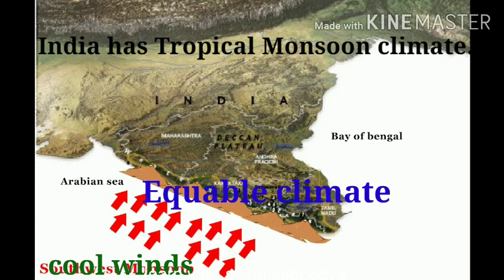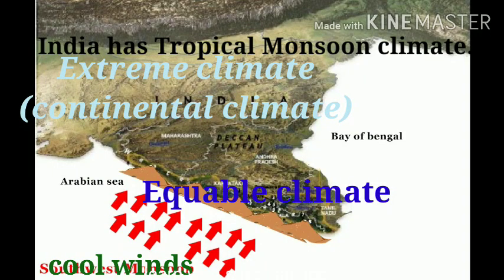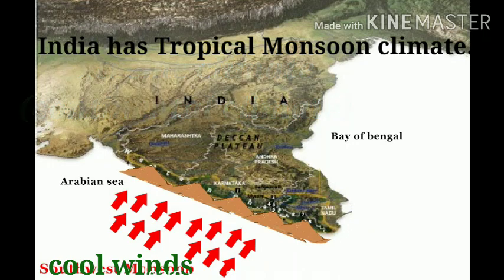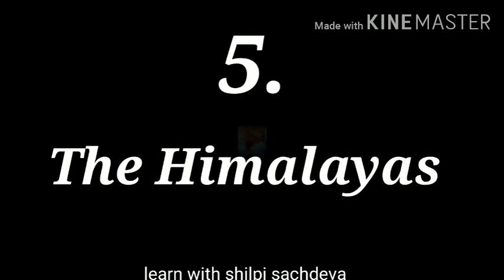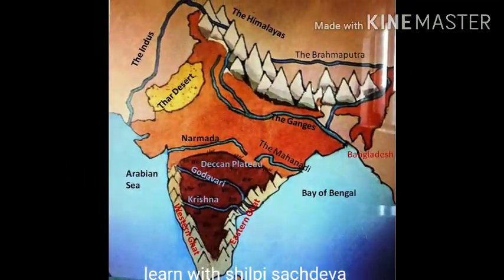Places which are far away from the sea experience extreme climate, that is, very hot in summers and very cold in winters. The Himalayas play a very important role in influencing the climate of India.